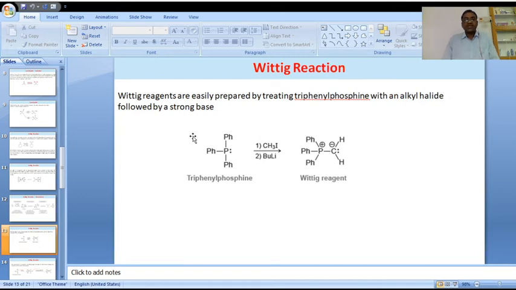Now, Wittig reagent formation, that is, phosphorane formation, ylide formation. Wittig reagents are easily prepared by treating triphenylphosphine with an alkyl halide followed by a strong base.